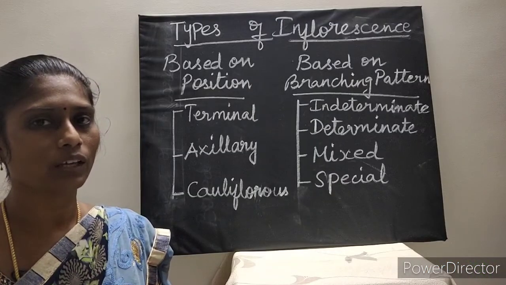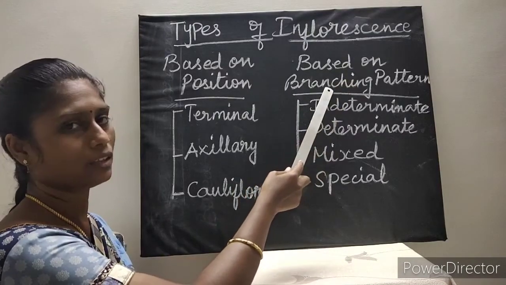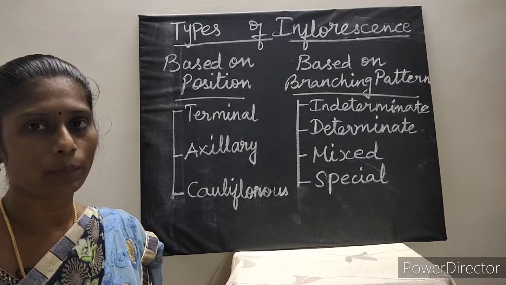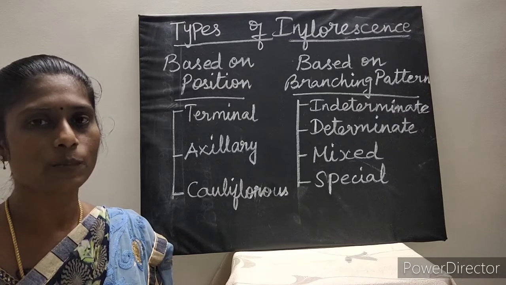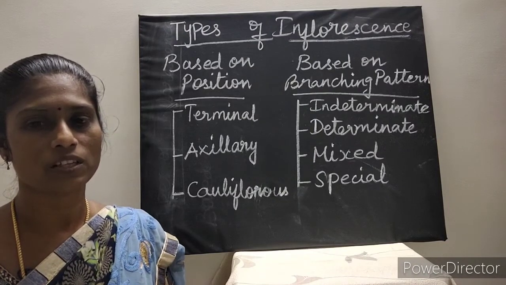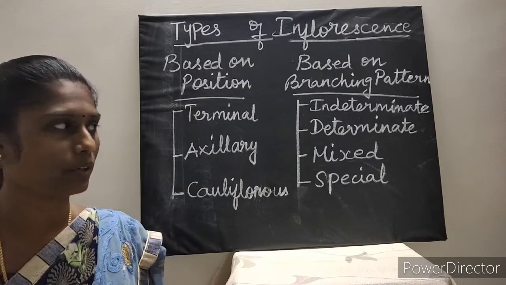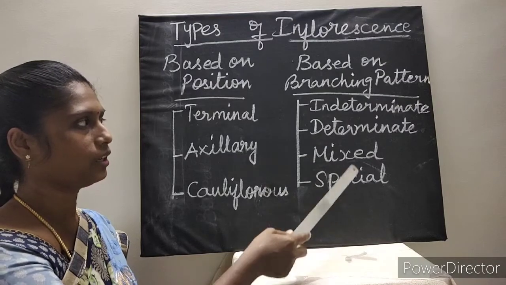Now let us move on to the next topic, based on branching pattern, position and number of flowers, arrangement of flowers and special characters. Based on that, it is divided into four types, namely indeterminate, determinate, mixed, and special.